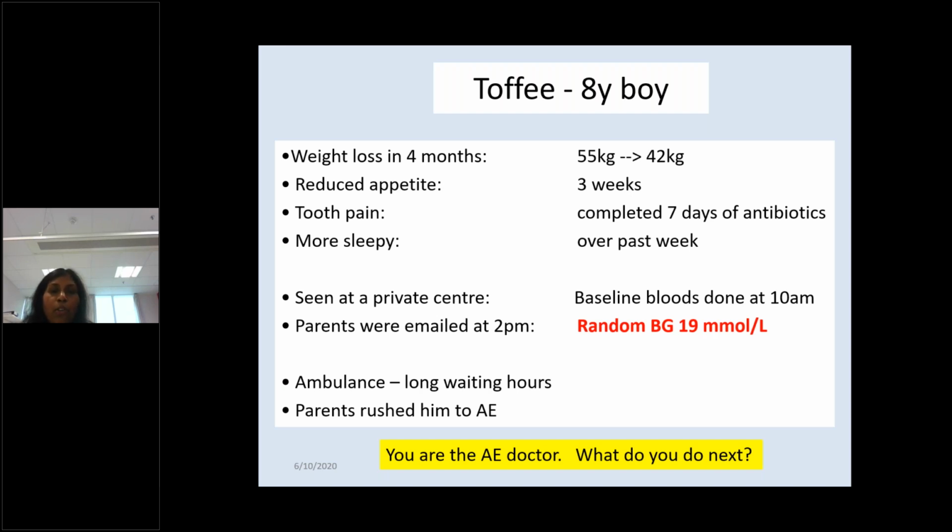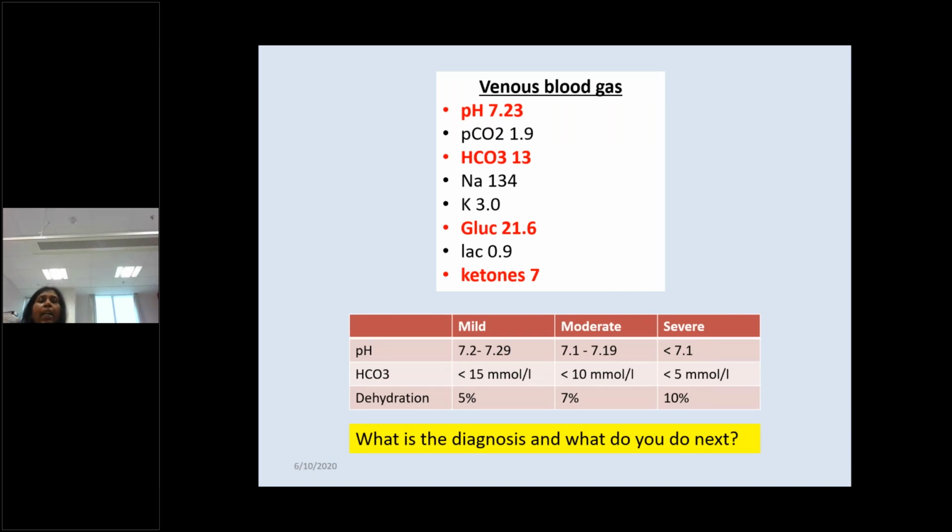Again, I'm going to move on to the next slide in the interest of time. He had a venous blood gas with a pH of 7.23, bicarb of 13, glucose of 21.6 and ketones of 7.